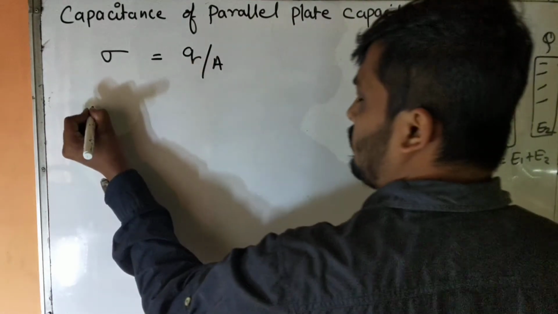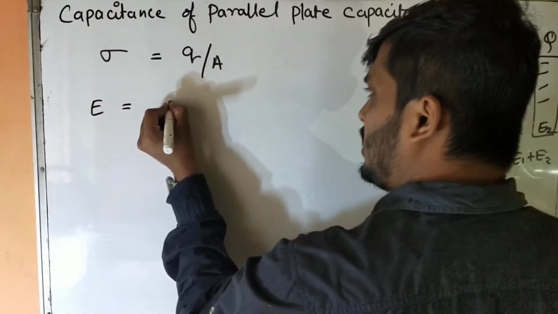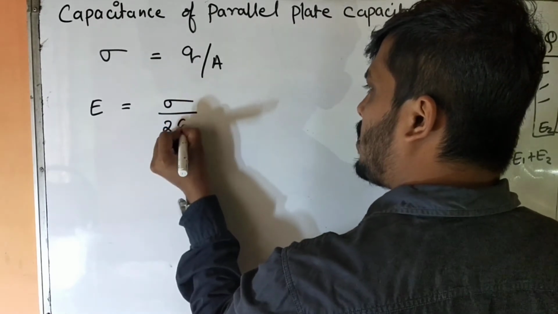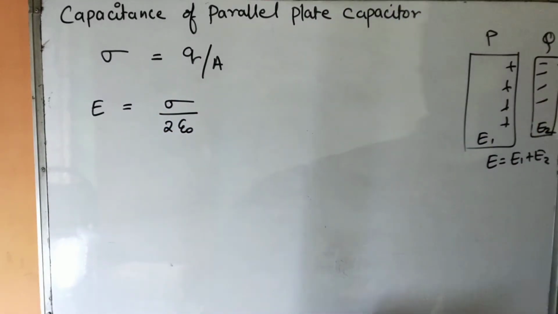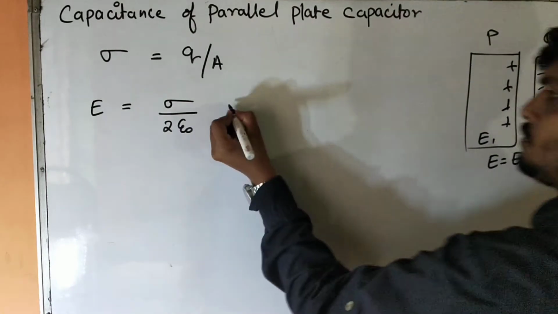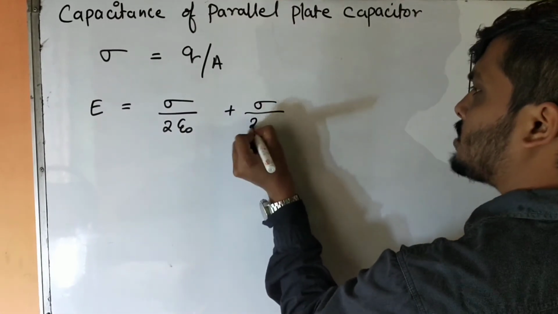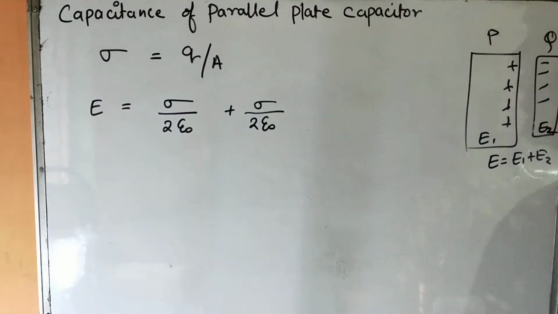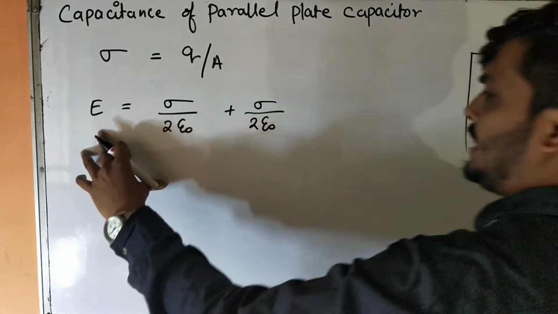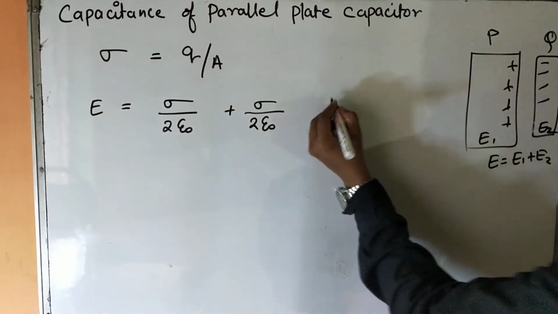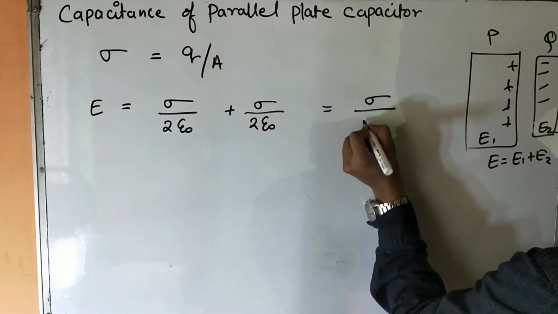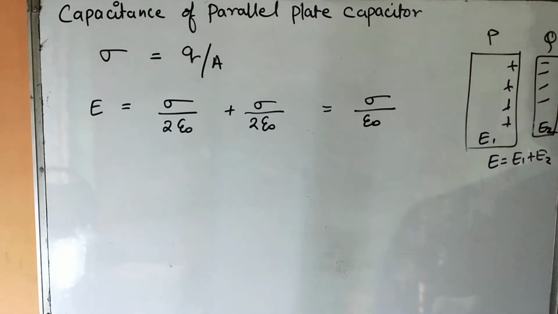In that expression we found E equal to sigma upon 2 epsilon naught. Since we have two plates, this will be 2 times sigma upon 2 epsilon naught. So the net electric field intensity due to these two plates will be sigma upon epsilon naught.